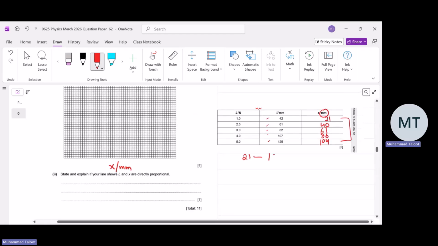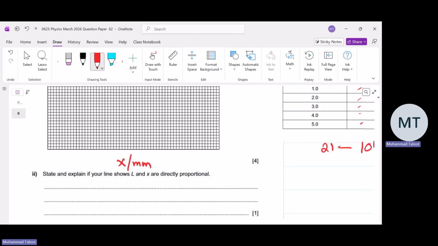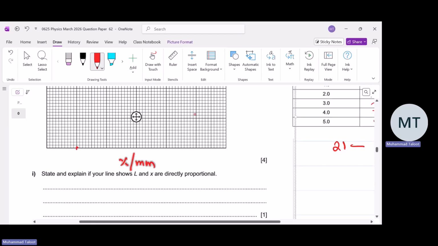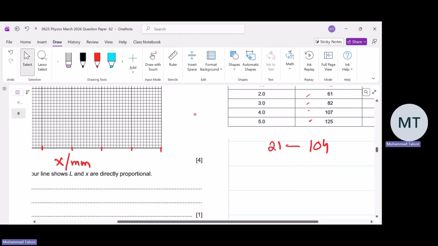This is the range. So what I'm going to do is I take 10 boxes of the x-axis, 1, 2, 3, 4, 5, 6. So 6 boxes are there.